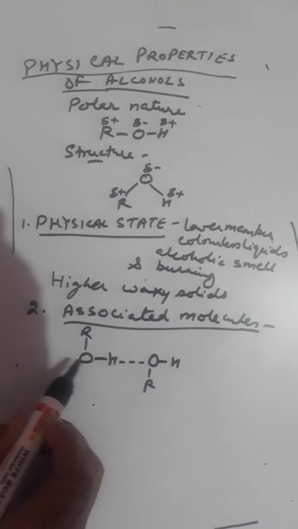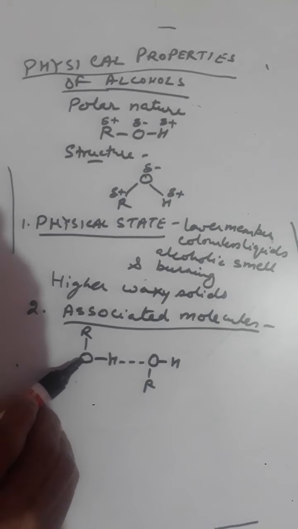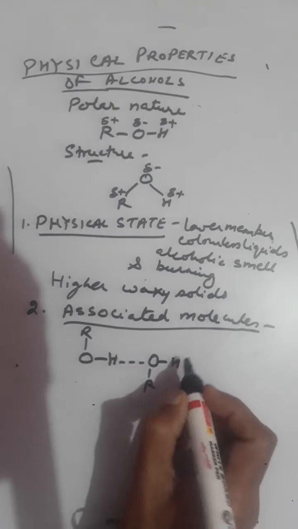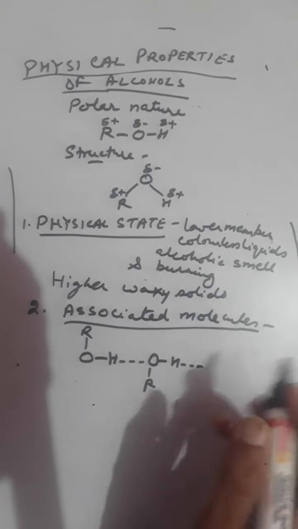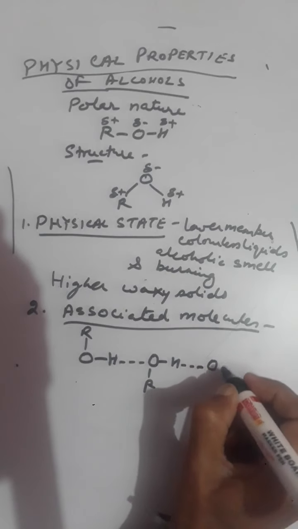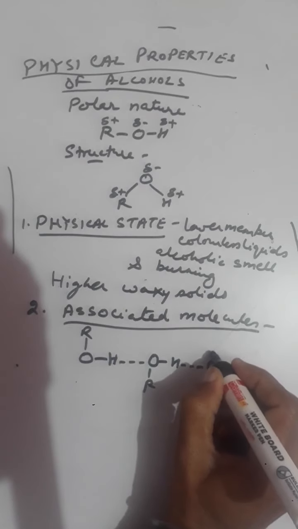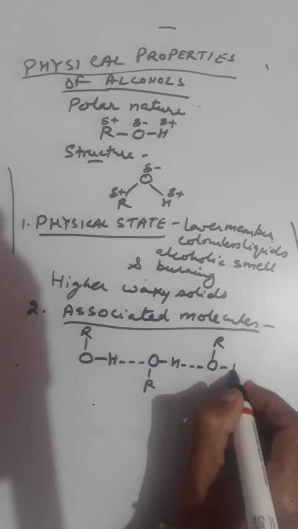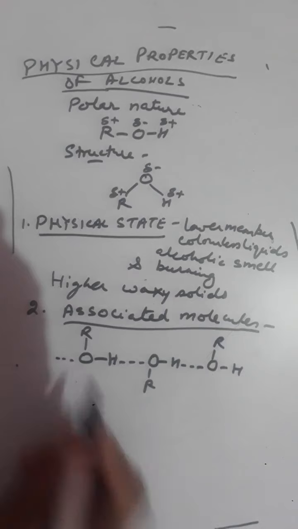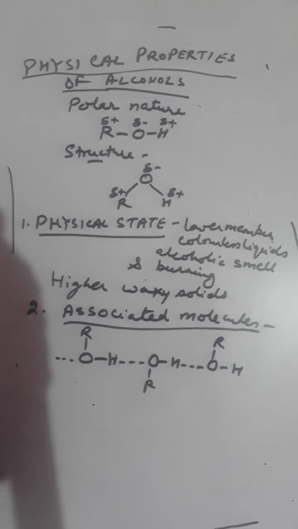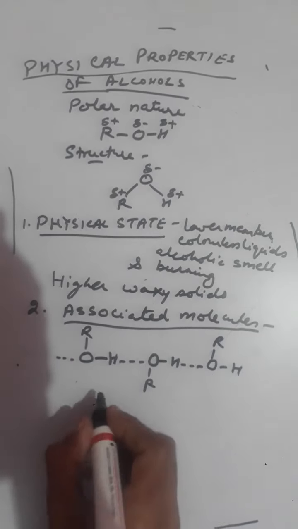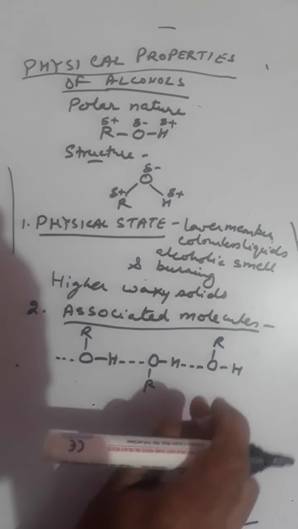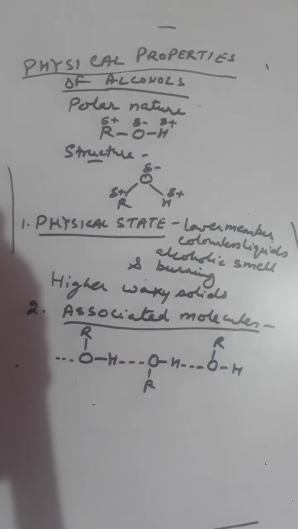now, because more electronegative oxygen is with the hydrogen atom, therefore what we will see is there will be intermolecular hydrogen bonding that will be seen in the alcohols like this, and due to which they will exist like the associated molecules.